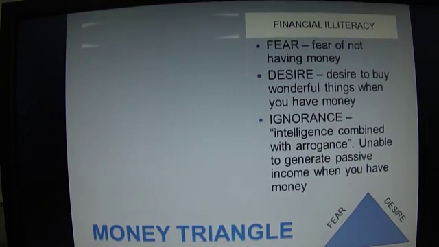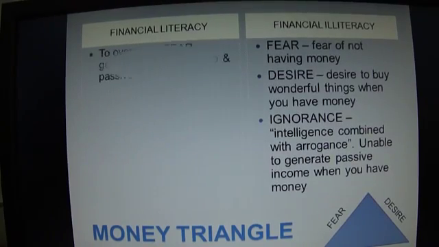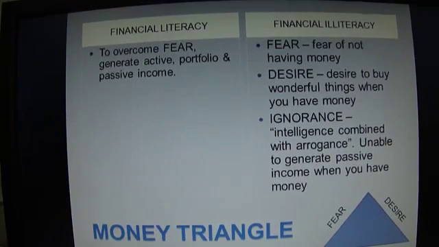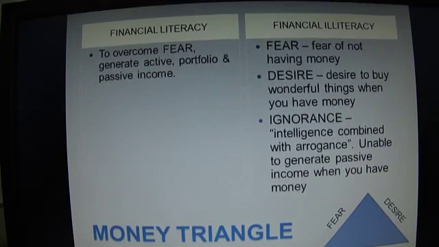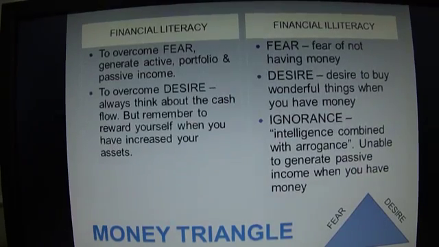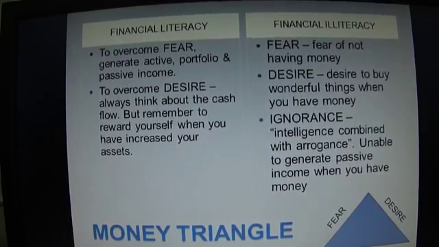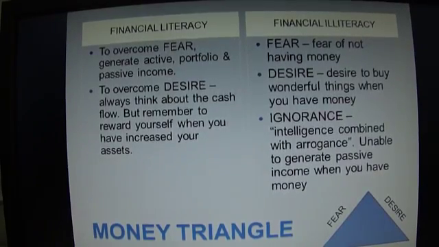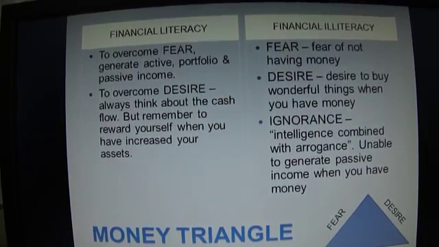In order to overcome fear, we must generate active portfolio and passive incomes. To overcome desire, always think about the cash flow, but remember to reward yourself when you have increased your assets.